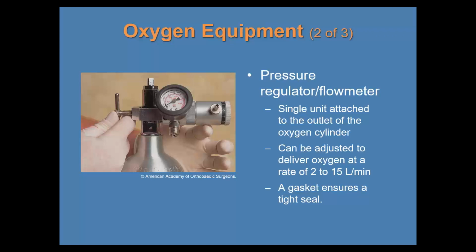So as you can see, there's a single unit attached to the outlet of the oxygen cylinder. What we're looking at is where you see the little screw part on the left where their hand is, and all the way over there where the gauge and then the numbers are on the far right with the little port. Most oxygen regulators are similar to this. Again, you've got different colors, some of them are different sizes, but generally they do the same thing.